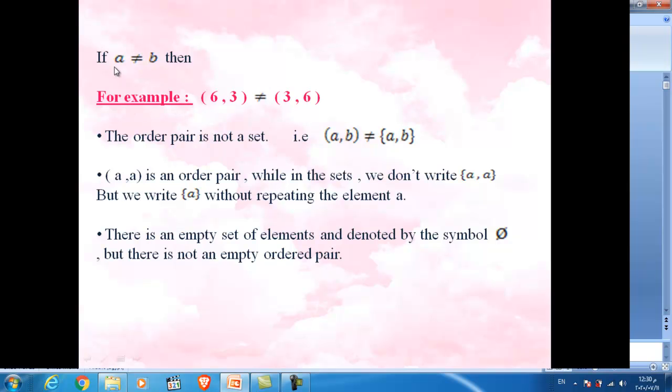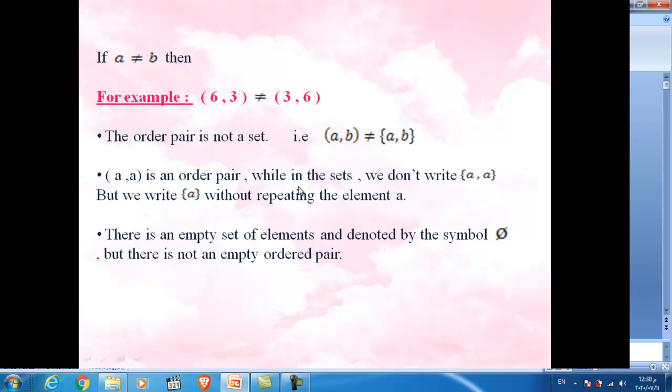For example, if A not equals B, then (6, 3) not equals (3, 6). The ordered pair is not a set, so the ordered pair (A, B) not equals the set {A, B}.